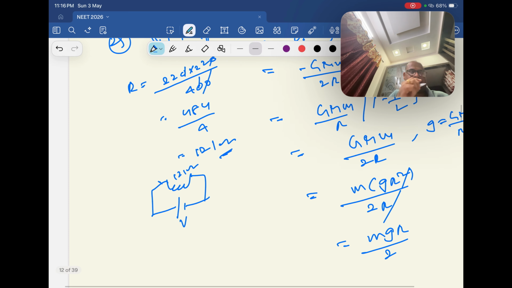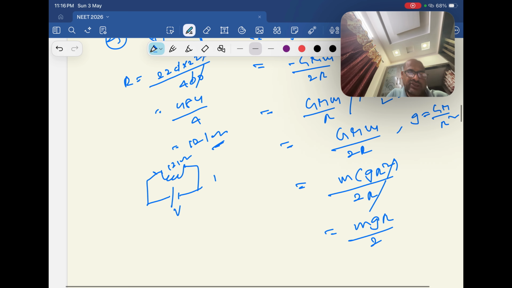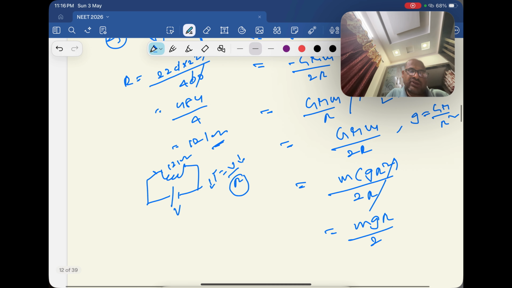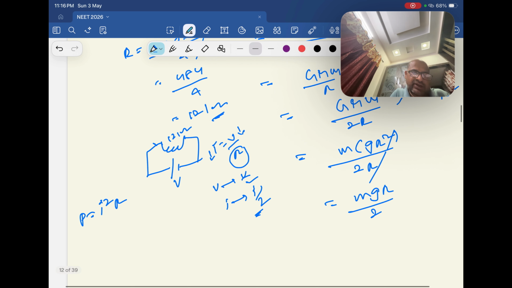So if the supplied voltage is dropped, I is equal to V by R, and resistance is constant. When V drops, I also drops. Resistance is not going to change, so when V drops to V by 2, the current also drops to I by 2. What is asked is the power consumed, which is I square R.